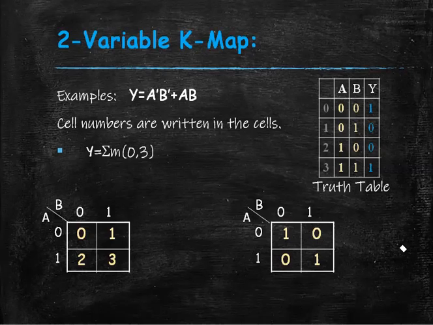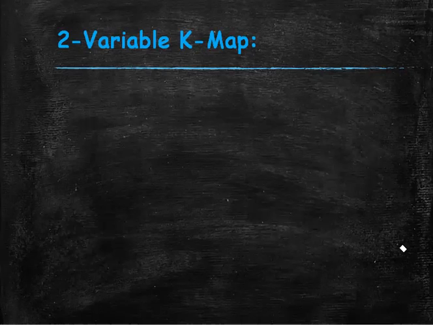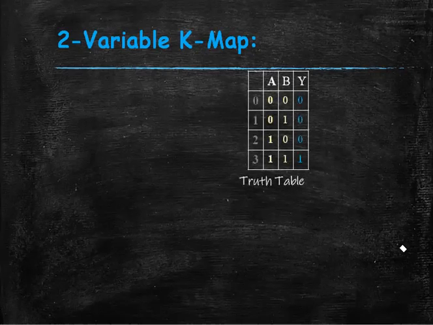Next, we go to more examples. Here we are given a truth table.